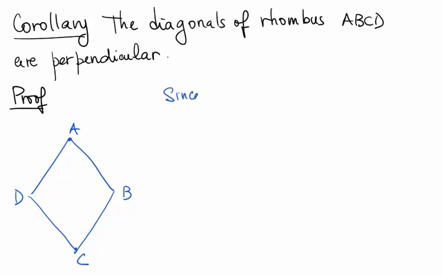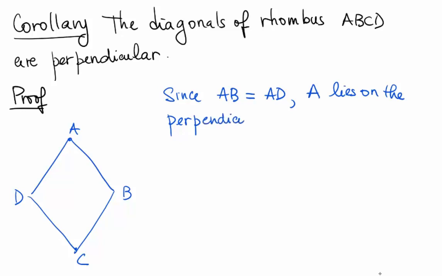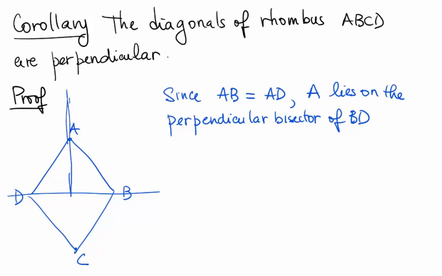Since AB is equal to AD, then A lies on the perpendicular bisector of BD. So if this is BD, then A must lie on the perpendicular bisector of BD.